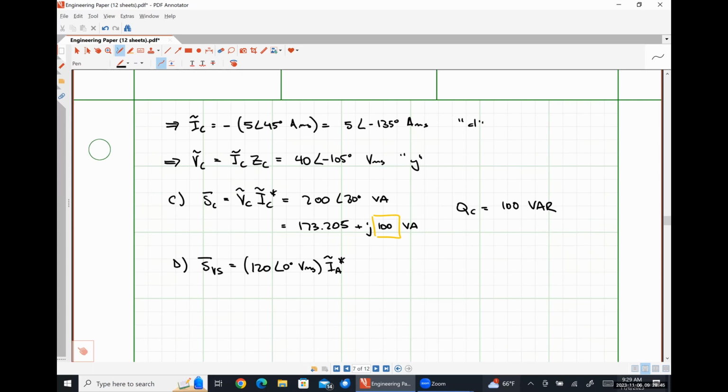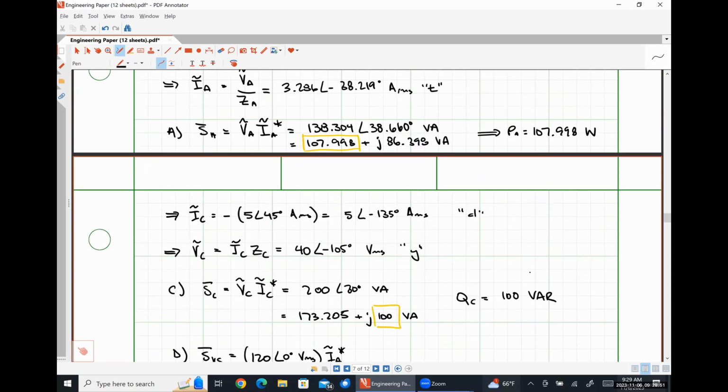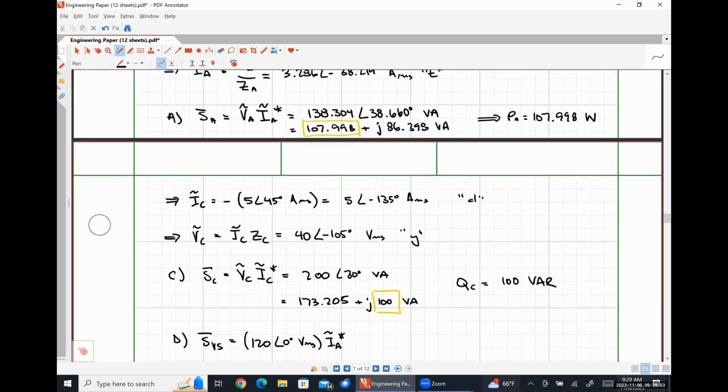So 120 times the conjugate of, let's see, IA is stored in my calculator as T.